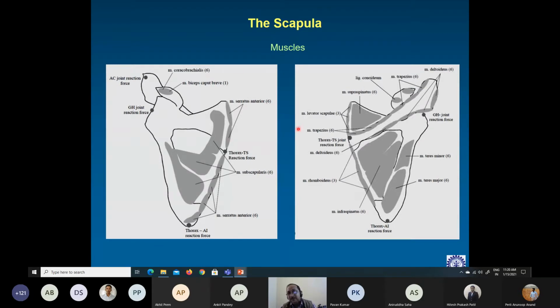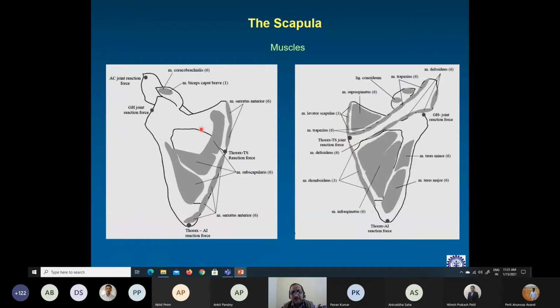These pictures were included in my PhD thesis long back, and I took the pain of generating them myself with very limited resources, more than 20 years ago, almost 25 years ago. We had a primitive version of Word at that time, and I used Word Art to generate these muscle attachment sites.